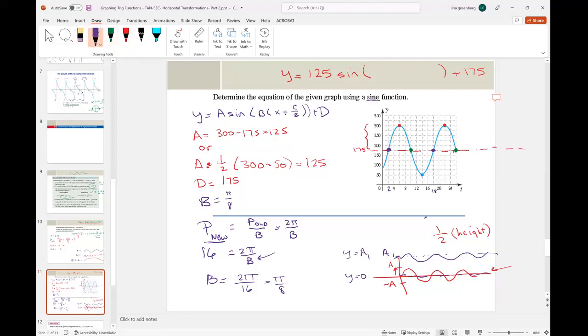Okay, so now we know b is pi over 8, and we can say times x. Then we have to figure out what our shift is. So we look at our graph, and where does my sine graph normally start?